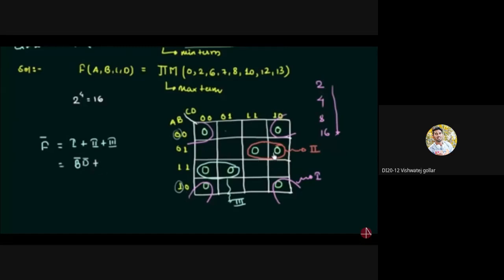Similarly for the second group, A complement B, because A and B are the same, and you can see that D is changing from 1 to 0.